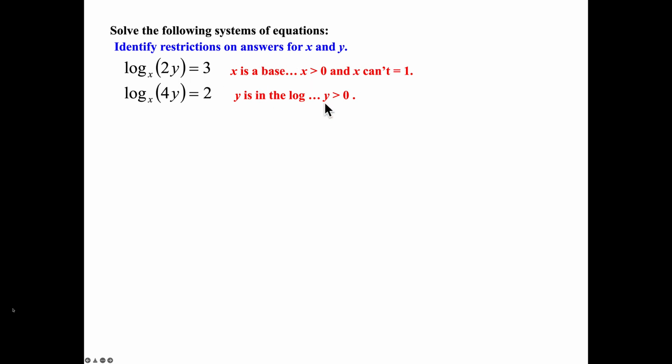So if I get any answers that violate these restrictions, that would hence be an extraneous solution, and we throw it out. So to solve this, holy cow, we're going to have to convert these to exponentials. So this would be base x to the power of 3 equal to 2y. And our second one would be base x to the power of 2 equal to 4y.